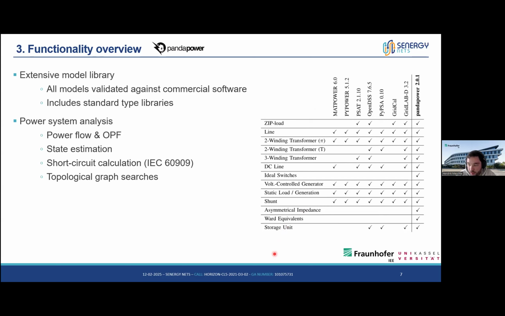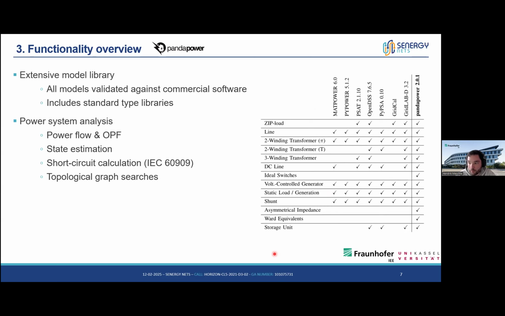Some of the tools that we can use in Pandapower are, of course, power flow calculation, but also optimal power flow. If you have different types of generators in your grid with different costs, and you want to know the cost optimal power generation. Then state estimation: if you don't have a lot of measurements in your grid and only have a small part of the grid where you have some specific measurements, you can try to estimate other sections of your grid with state estimation.